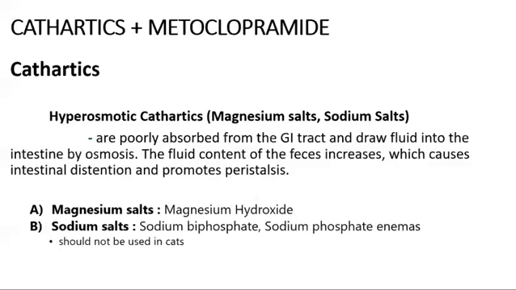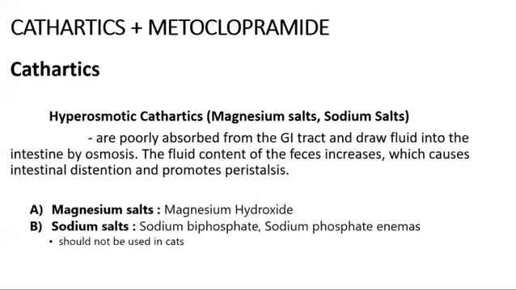Trust me, maririnig nyo ulit ang osmotic diarrhea, but ang concept lang nun, hindi na-absorb properly ang fluids, magkakaroon ng intestinal distension, magpapromote ng peristalsis, defecation. So, one example ng hyperosmotic cathartics natin is magnesium salt in the form of magnesium hydroxide. Magnesium hydroxides are frequently used orally as saline purgatives. Di ba, ang palatandaan natin, magnesium magtatae.